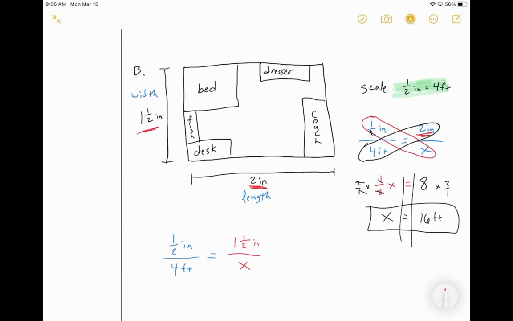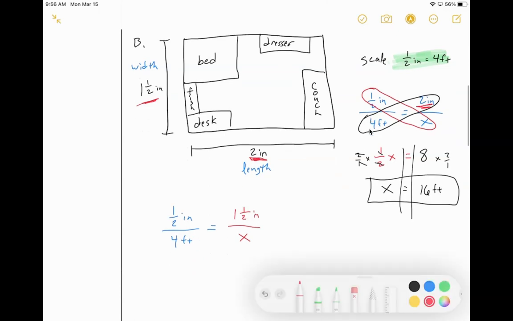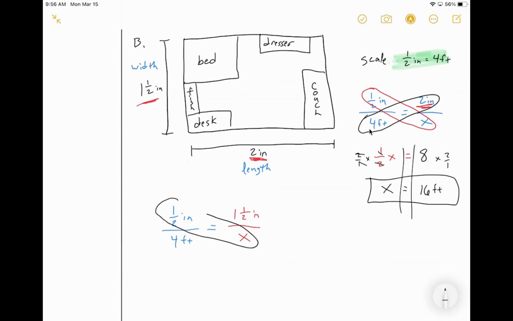All right, here we go. Let's multiply. 1/2 inch times x is equal to 1/2 x. Now 1 1/2 times 1 times 4. 1 1/2 inches times 4.